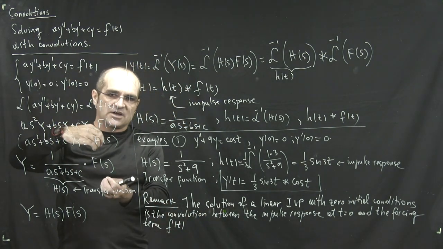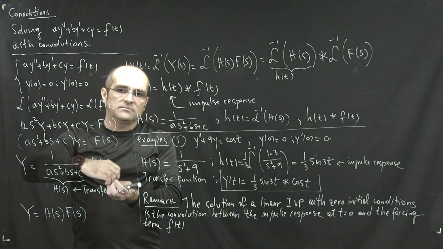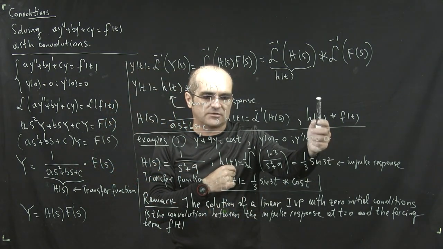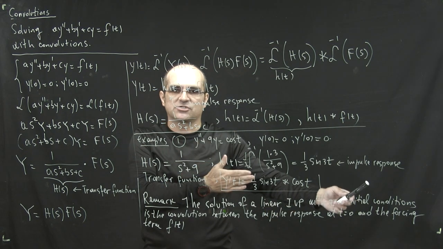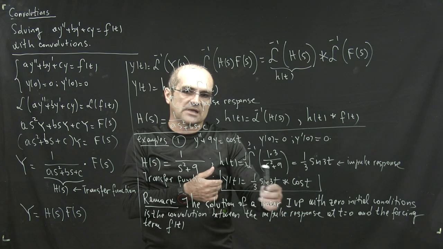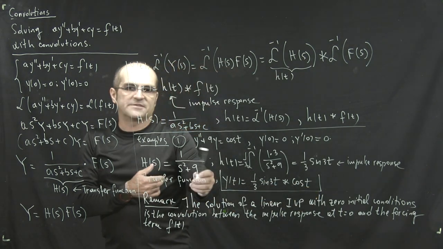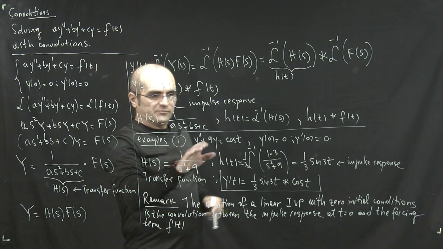You do the impulse response once for all, and then for the solutions you simply replace f of t in this part. If you change f of t from cosine of t to, let's say, tangent of t, you only change this part because this guy stays the same. The impulse response will be the same because it comes from the left side of the system, which will remain the same.